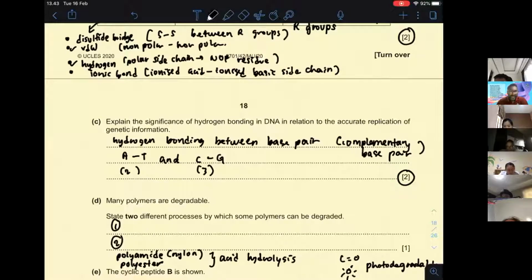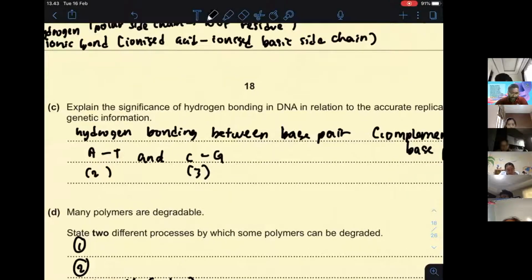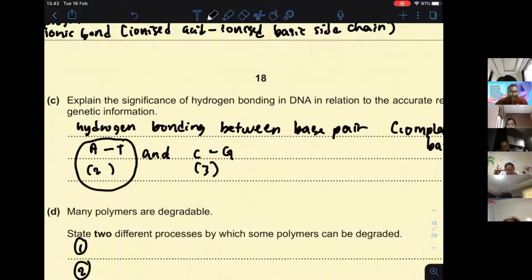And if you want to mention about the number of hydrogen bonding that will be there, I have also written, but no marks given here. But if you want to mention, you can mention that there are total 2 hydrogen bondings that can exist for the bonding between A to T, and there are 3 hydrogen bonding that can exist between C and G. This complementary base pair.